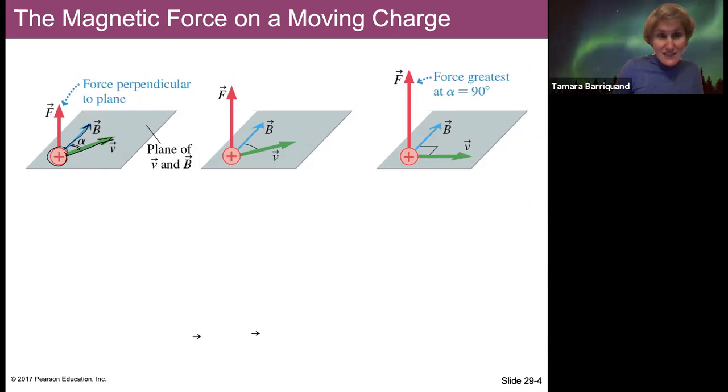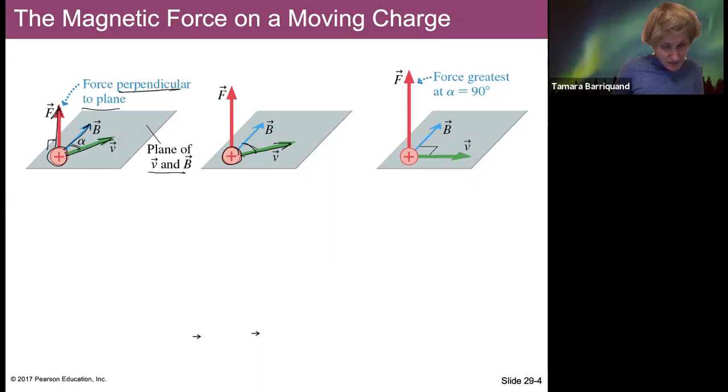In this case, there is a force, and that force is perpendicular to the plane of V and B. V and B are in the same plane, and the force is perpendicular to the plane of those two vectors. In the second image, we have the same positive charge, and this time the velocity is at a greater angle. So this alpha is greater than the alpha in the first image.